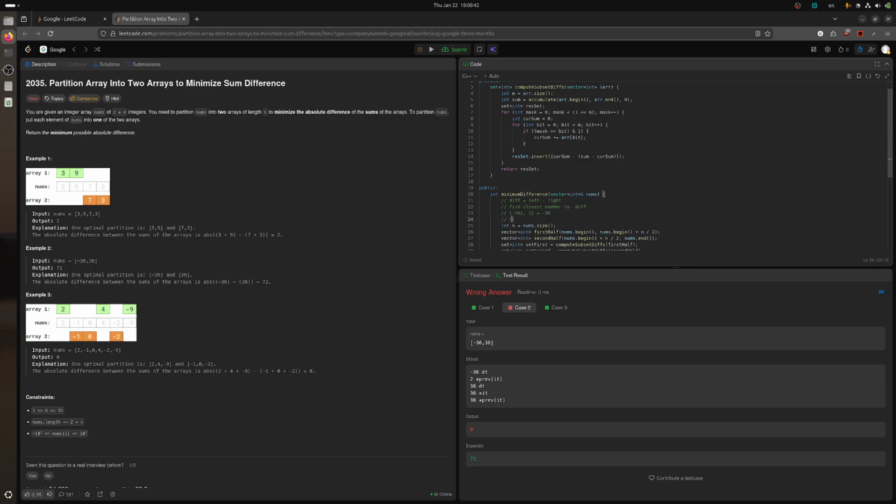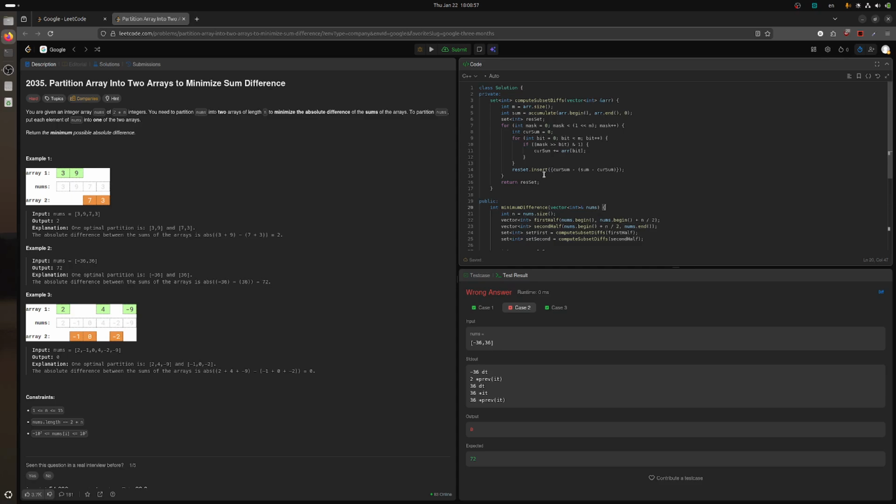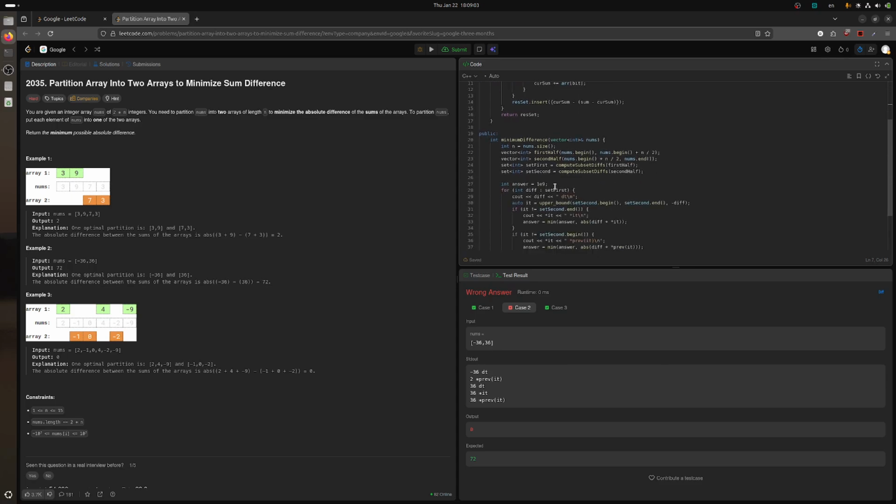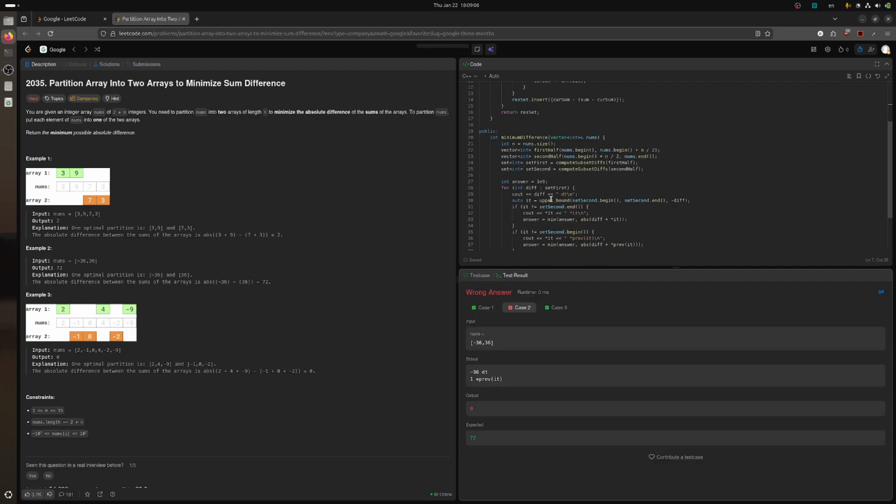And in the other set, let's say we put... we need to put at least 1 in both of them. Now it should work.